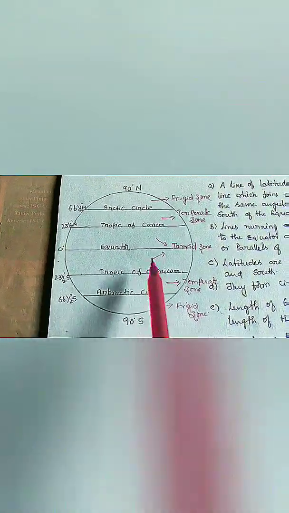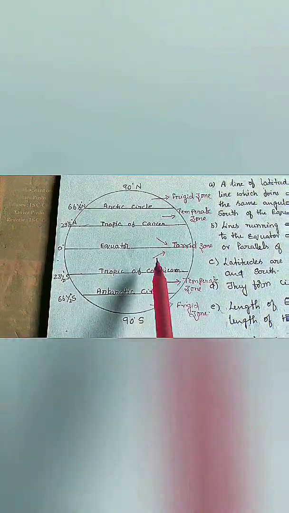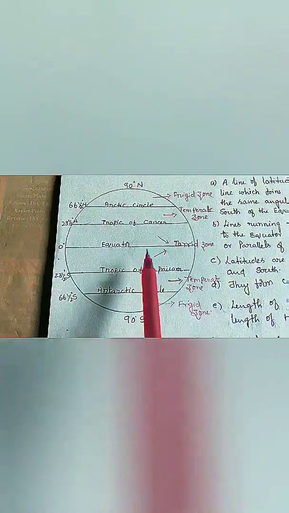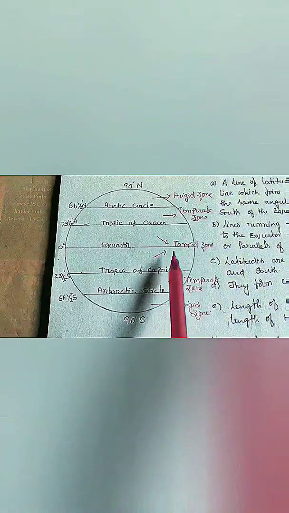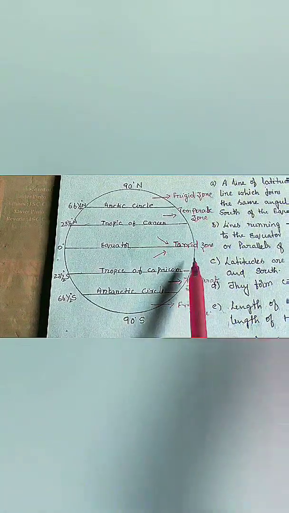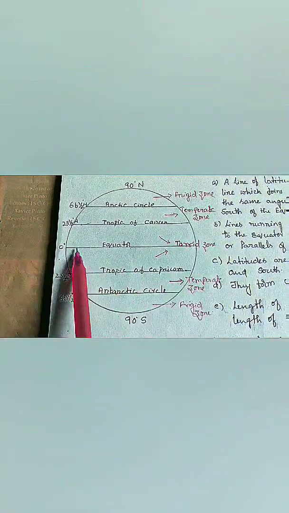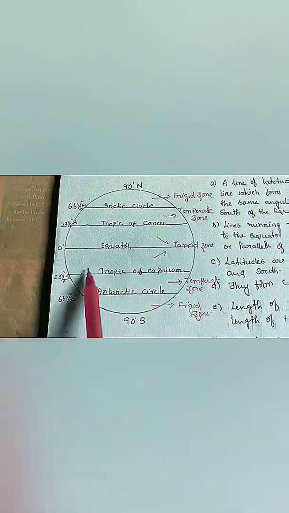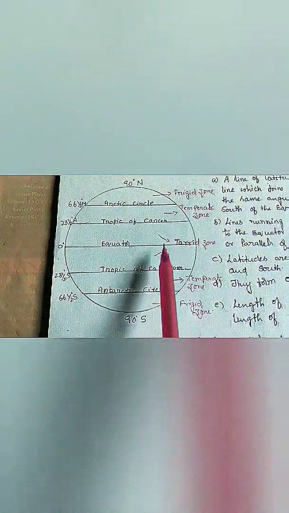Torrid means very hot. It is also called tropical zone. It is the hottest zone of the Earth.